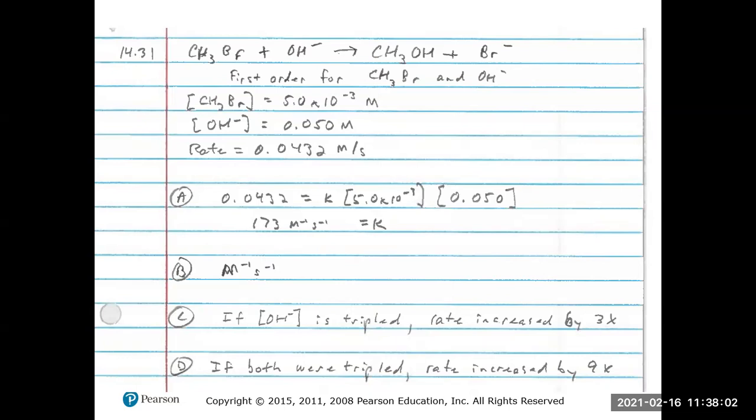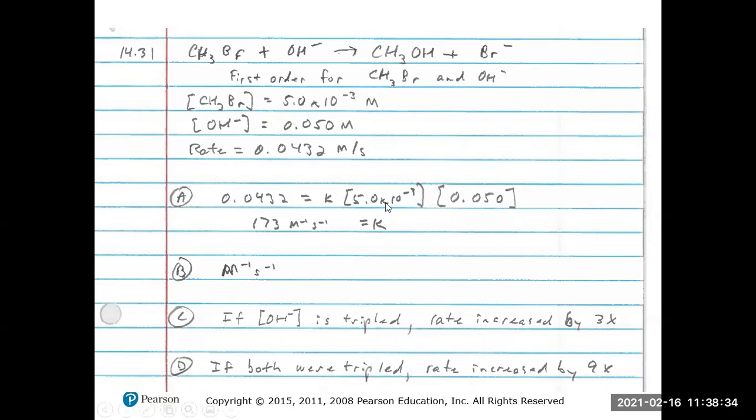They ask us to calculate the rate constant. We think about what information we have. We have a rate, and we can express rate as equal to the rate constant times the concentrations of the reactants raised to whatever power their order is. The order, we were told, is first order for both CH3Br and OH minus.